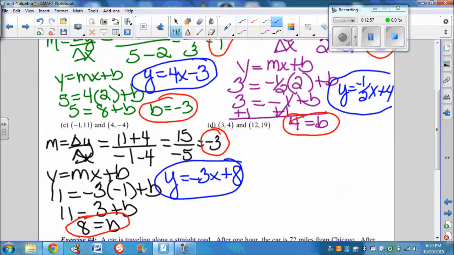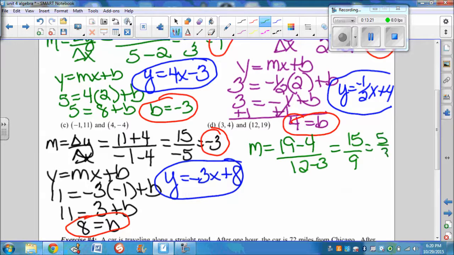And this last one of this type, my slope: 19 minus 4 over 12 minus 3, which is 15 over 9, which simplifies by 3 to 5/3. Always try to simplify your slope. Now let's find the y-intercept.